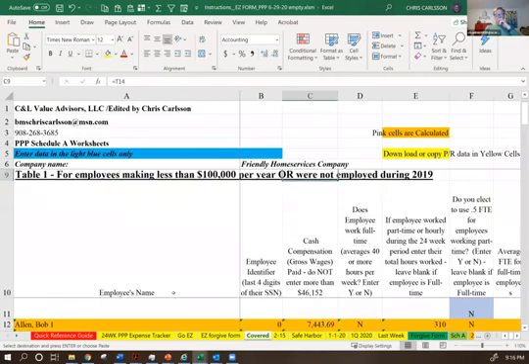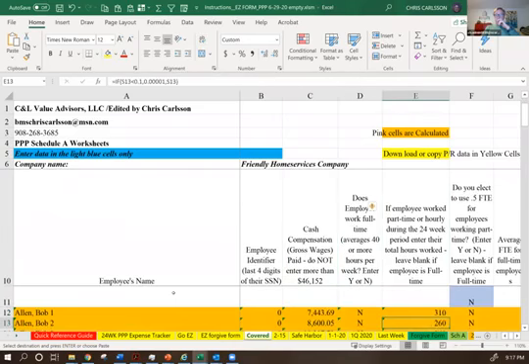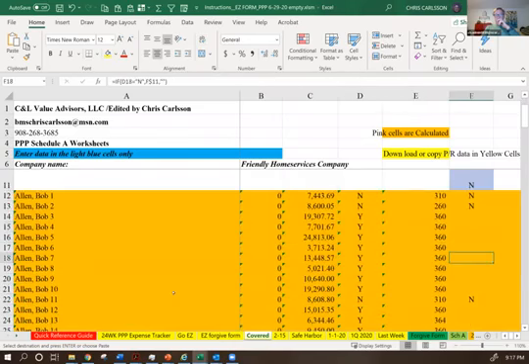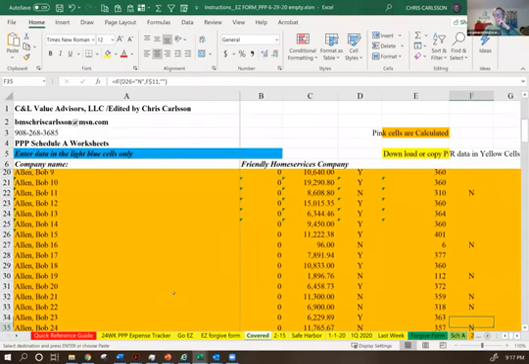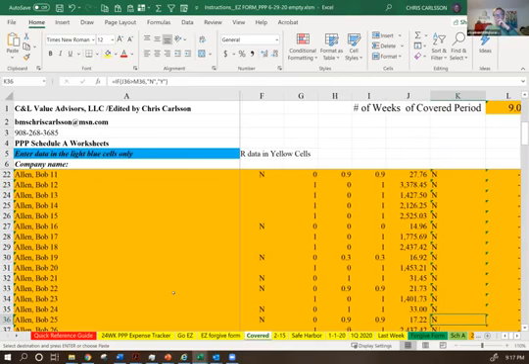One of these lines here. If we have any wage reduction, we're coming down here, and there are no wage reductions here. So we are good to go, no wage reductions on this.